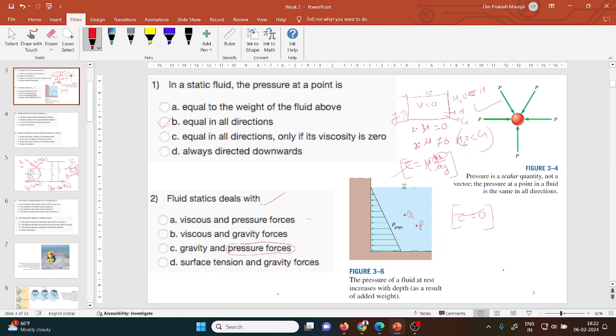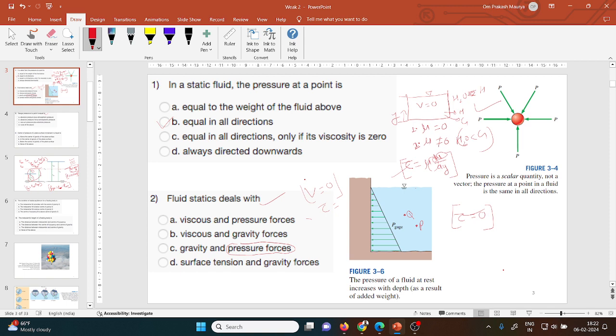Now whether the viscous force is important or the gravity force is important, that is the consideration. If the fluid is static, that is your velocity is zero, what will happen? There is no shear stress component.